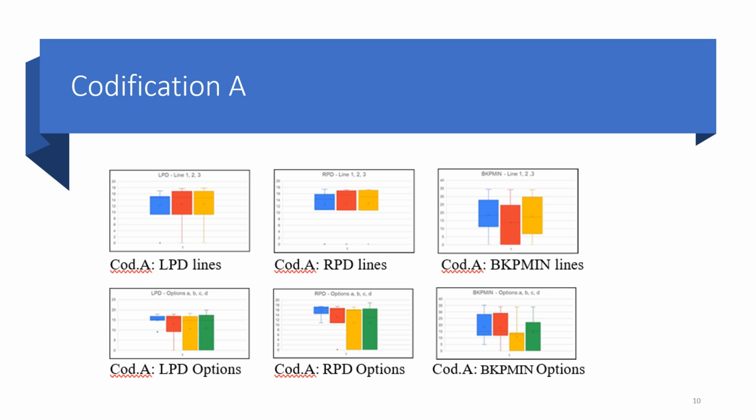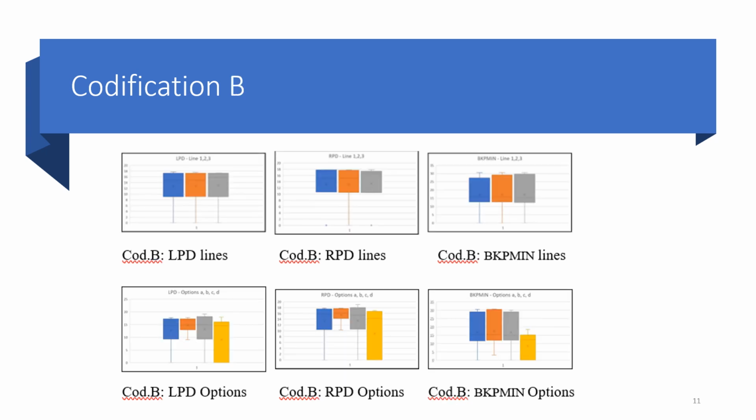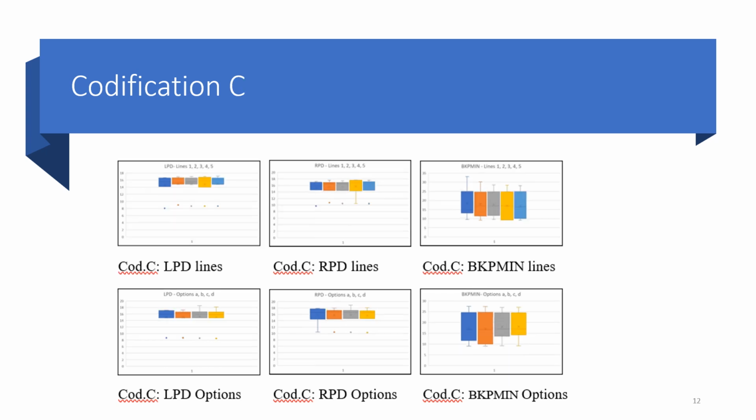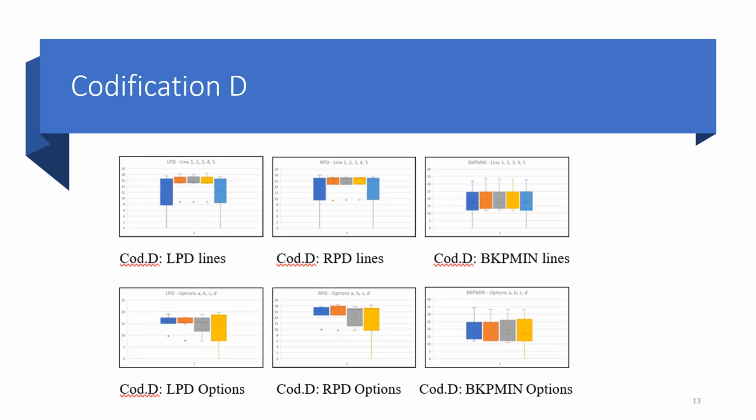In the first line, you have the information considering the first line, second line, and third line of the code in condition A. And in the end, we have 3 more graphics, with each box plot representing the pupil dilatation in left and right eyes and blinking, considering the options A, B, C, and D, so the answers of the code. We have the same analysis in condition B, condition C, and condition D.